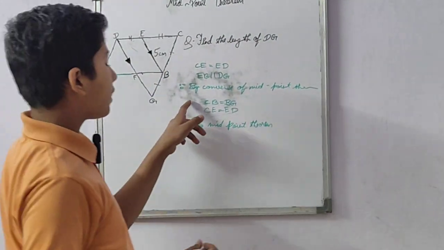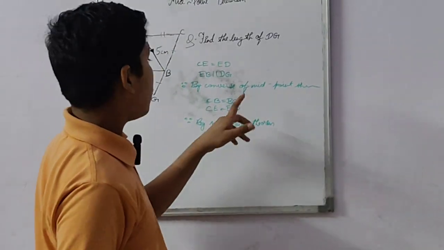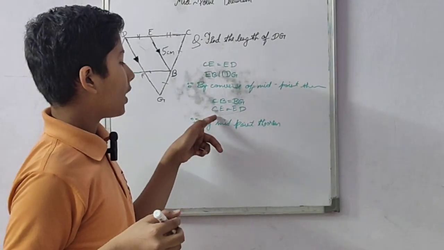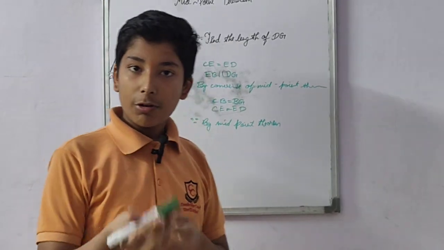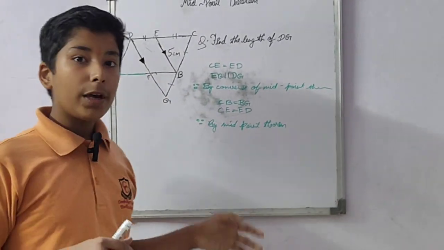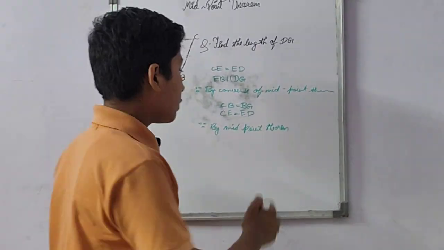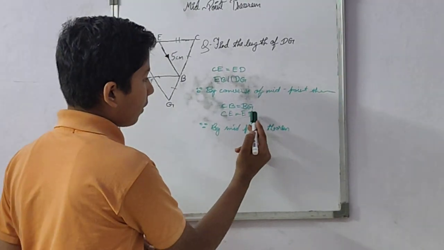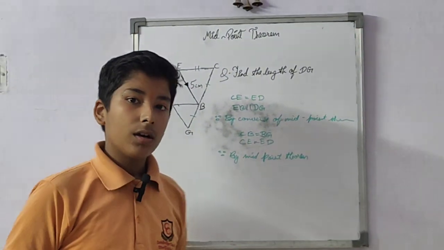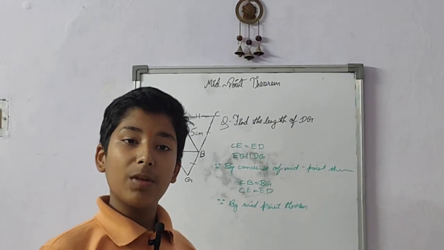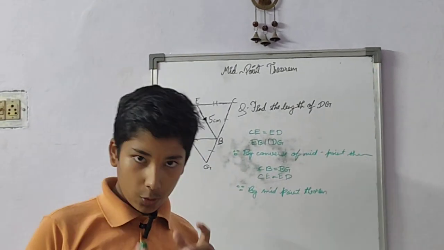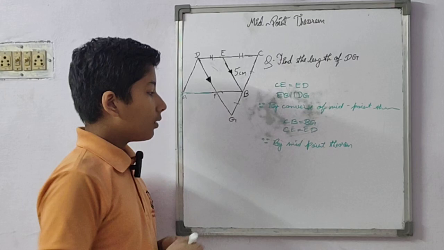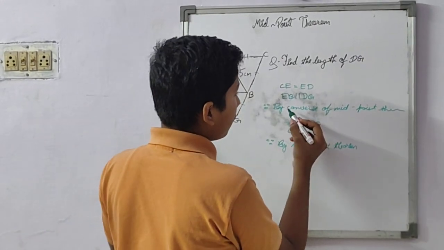Firstly, by converse of midpoint theorem, you know that this thing was already written, but if you are continuing, another formula is getting applied in the same question, so you have to write the same thing which was written above and which is required, even if it is repeated so many times. Okay, understood? So we have done that.